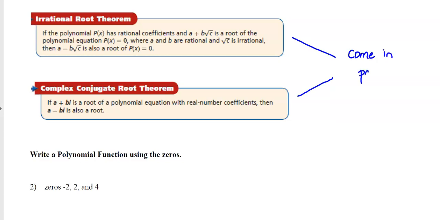Whether it's irrational or complex, you're always going to have two of them. And when they're complex, they call these conjugates. We're going to see some of those here in a second, but just know that they always come in pairs.